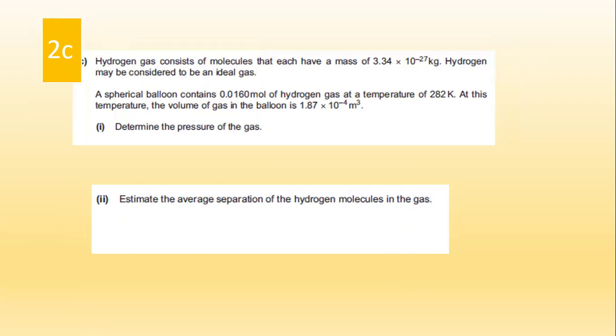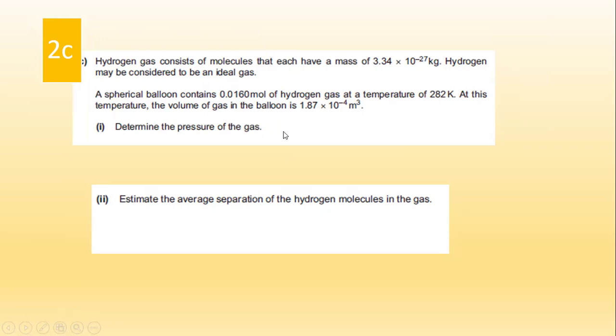Hydrogen gas consists of molecules that each have a mass of 3.4 times 10 to the power minus 27 kilogram. Hydrogen may be considered to be an ideal gas. A spherical balloon contains 0.0160 mole of hydrogen gas at temperature 282 Kelvin. At this temperature, the volume of gas in the balloon is 1.87 times 10 to the power minus 4 meter cube. Determine the pressure of the gas.